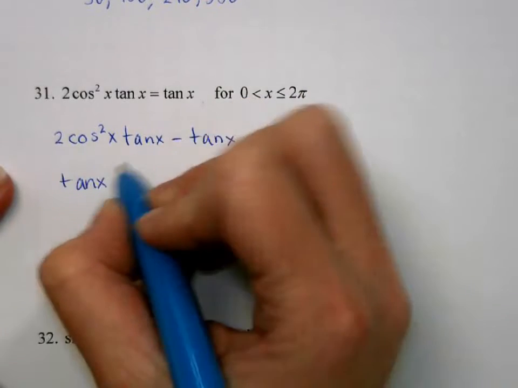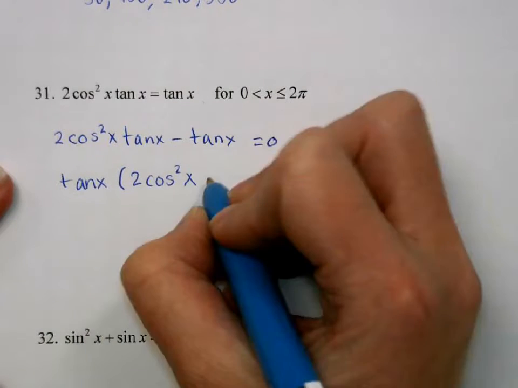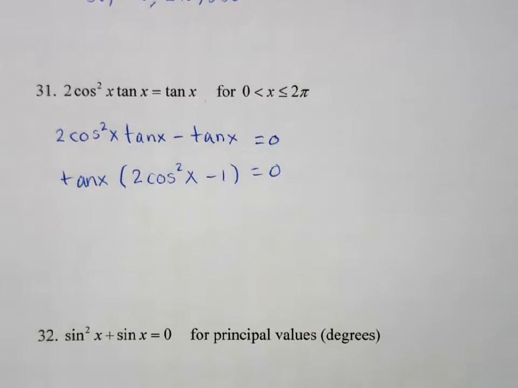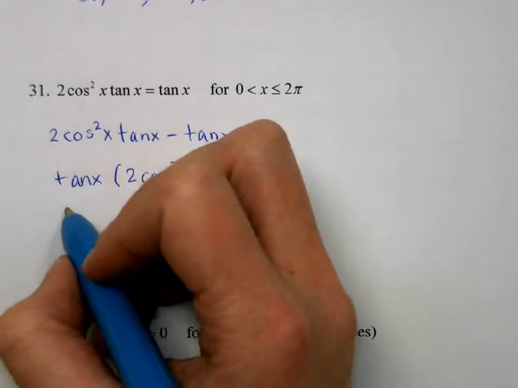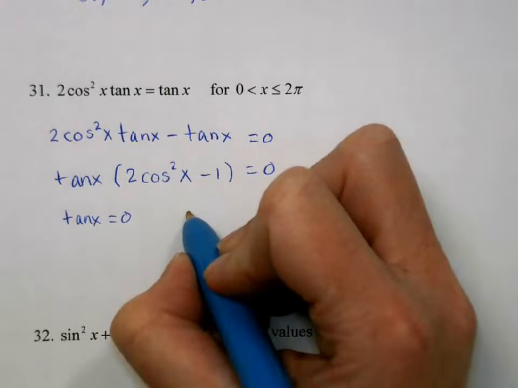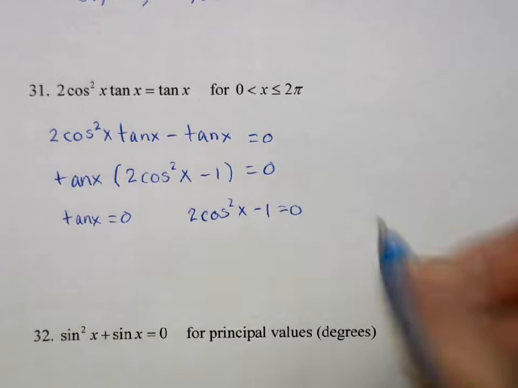Okay, so either tangent of x equals 0 or 2 cosine squared x minus 1 equals 0. So I'll solve this one real quick. Between 0 and 2 pi, tangent is 0 at 0 and at pi.